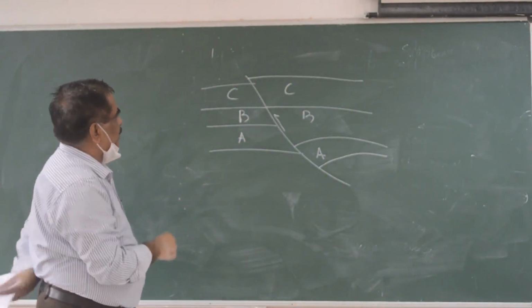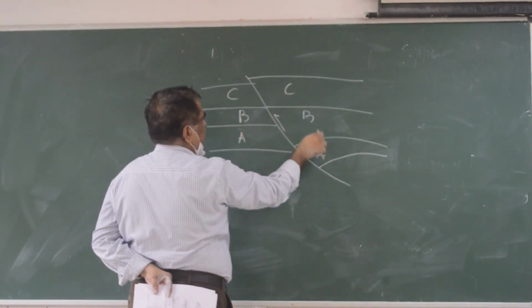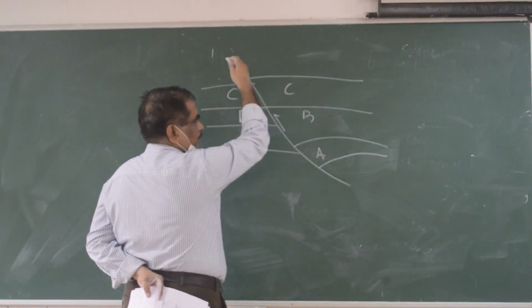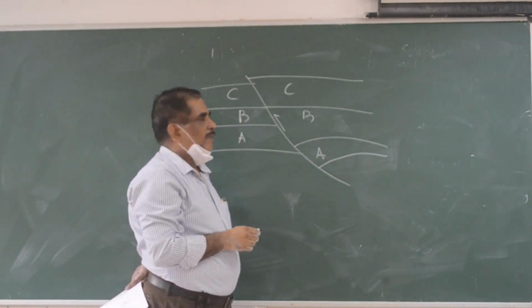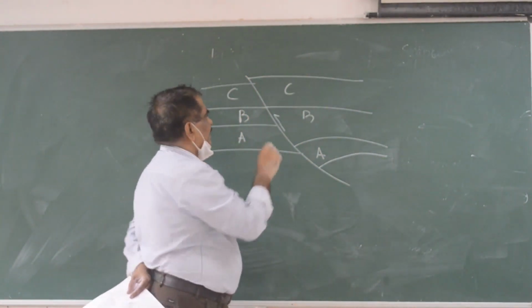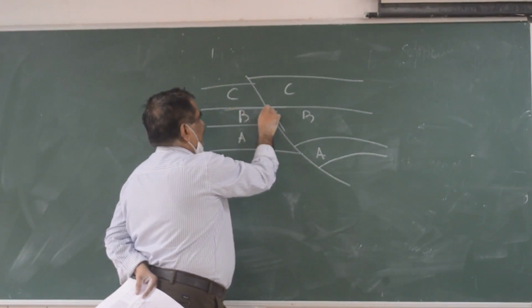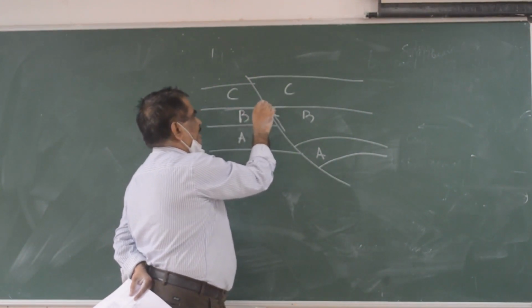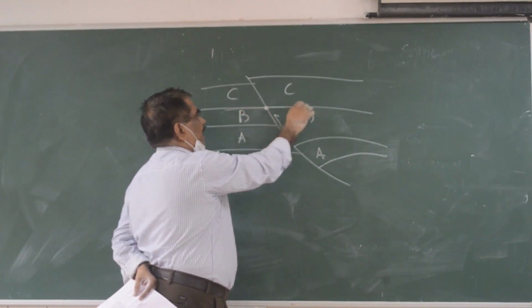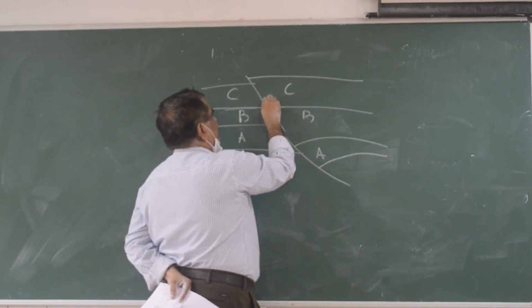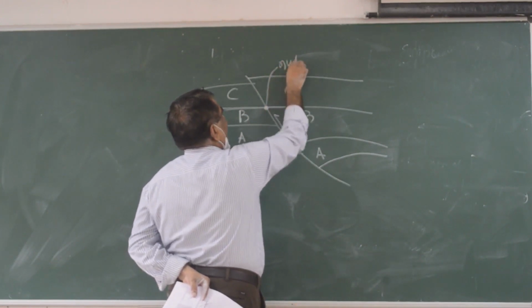If you compare these two sets of beds, A, B, C, it is clear that A, B, C has been thrusted up. But the thrusting is so much that the B bed and D bed on this side have come to their original position. They are now parallel. So this point, where they are parallel or join each other, is called a null point.